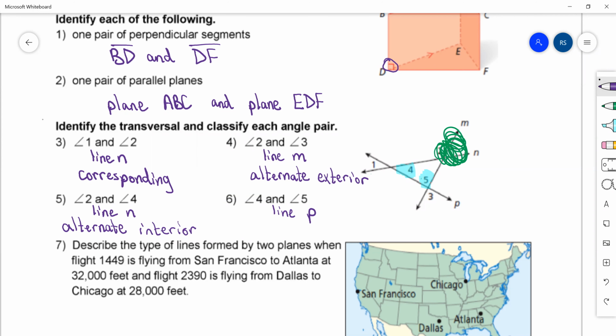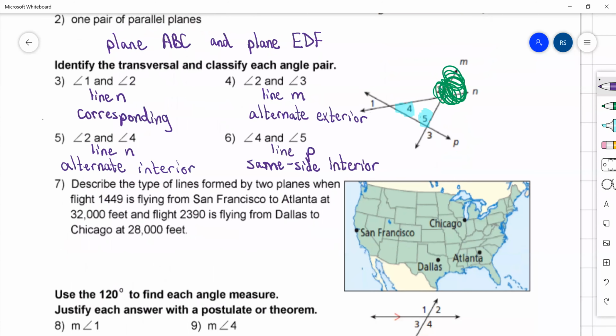They're on the same side. So which one starts with same side? Same side, interior. Okay, so there's those 4.